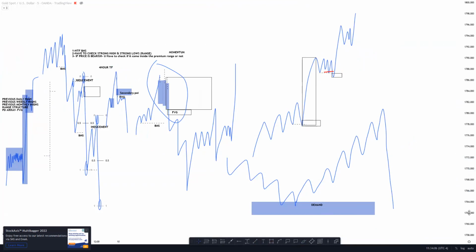What I would do in this situation: even if we have an H4 BMS here, an H1 BMS as well towards the upside, and a 50-minute BMS as well, and you have all those things like the QM candle or the fair value gap, everything you need to have. So what will you do? Will you look for buys or will you wait?